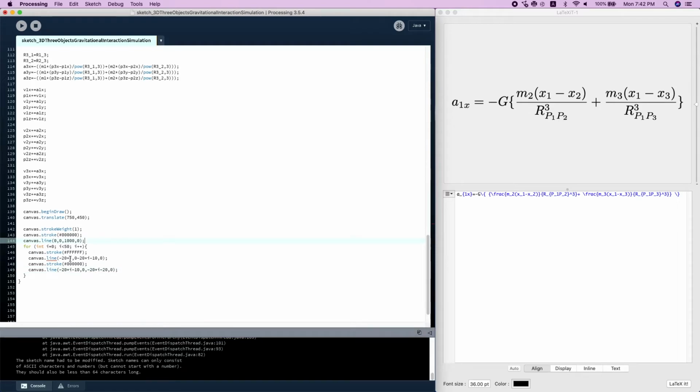And that would hopefully draw our line. For some reason there's an error here, there's going to be a comma here. Alright, so that would hopefully draw our x-axis.